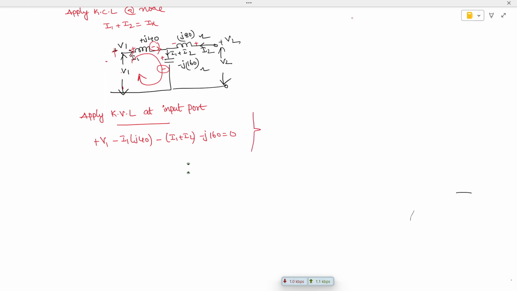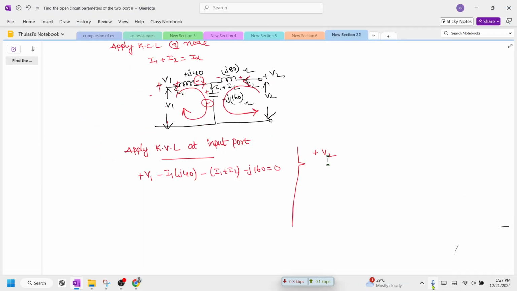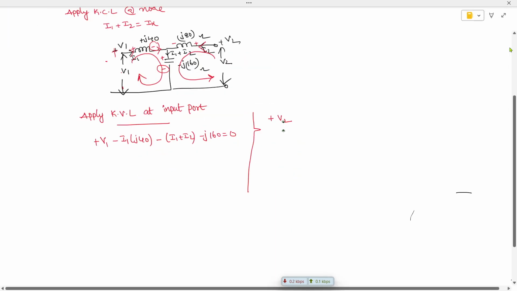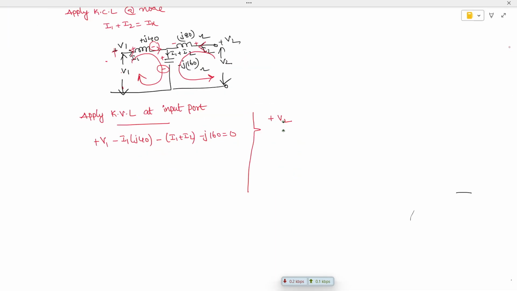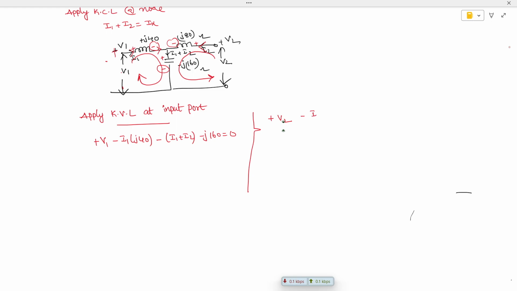This is one equation. The second equation is, write down the output side. Current is leaving. What is the leaving polarity? This is plus V2, and the leaving polarity is minus I2 into J80.